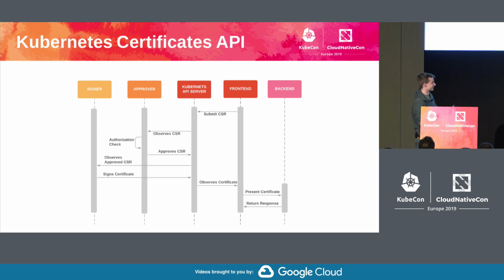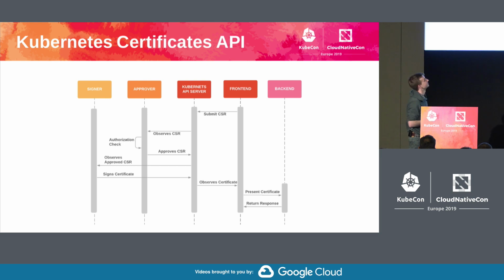The front end reads the certificate and can now use that to establish a mutual TLS channel between front end and back end. And of course, the back end also has to do the same flow in order to get its serving certificates. So there's not an easy way to get to this where we're only worrying about the things that we care about.